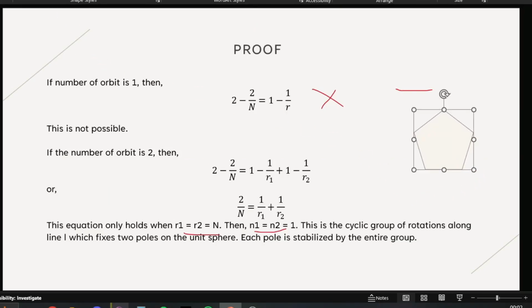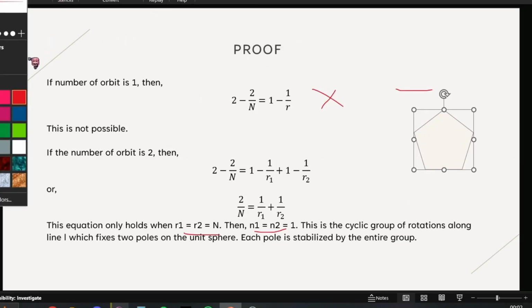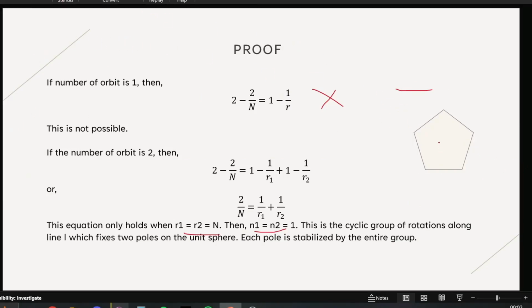So this is basically the cyclic group. This pentagon is embedded in the unit sphere, and a line L will pass through the center of the pentagon perpendicular to it.